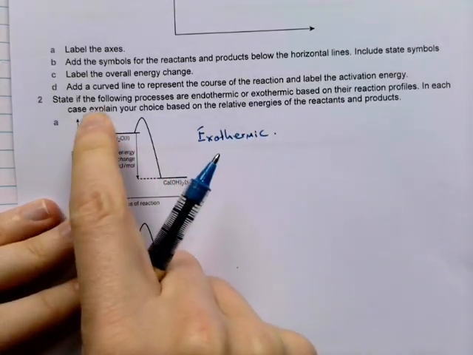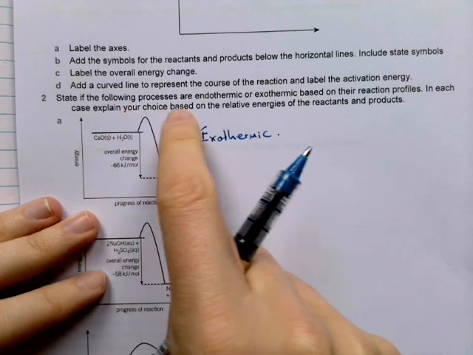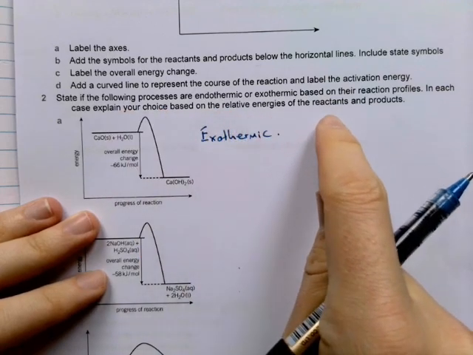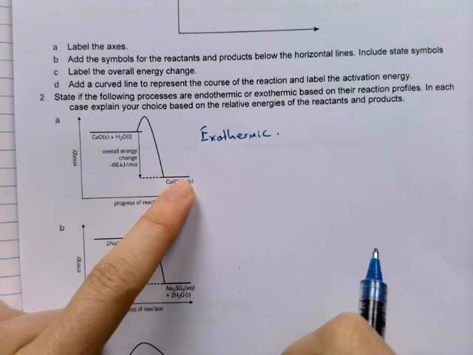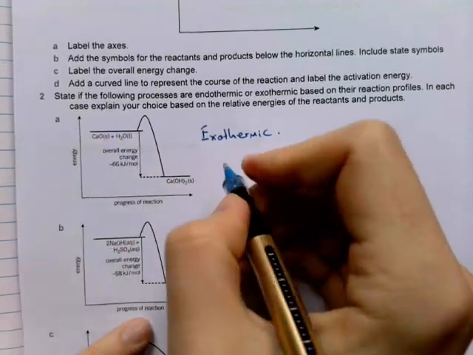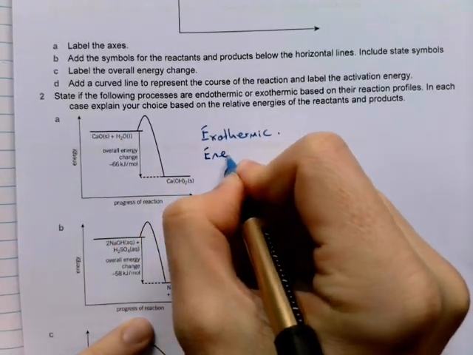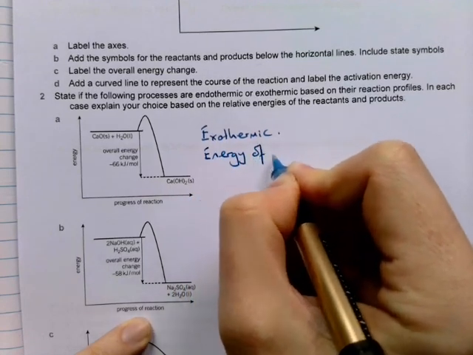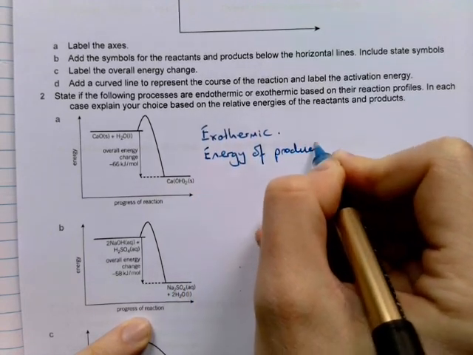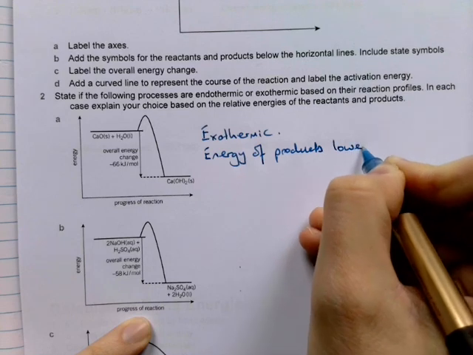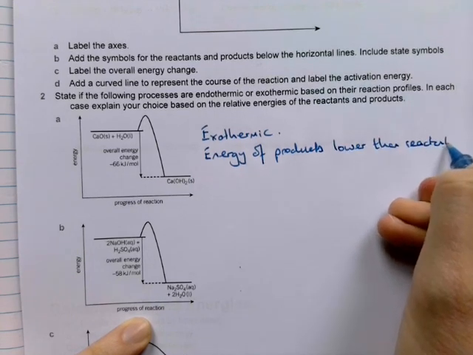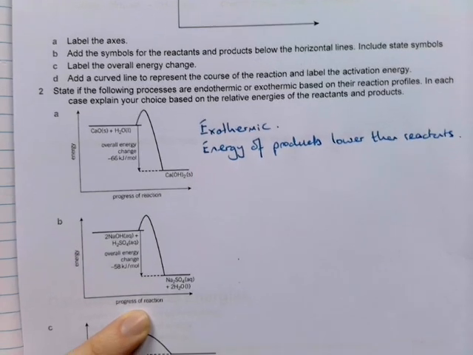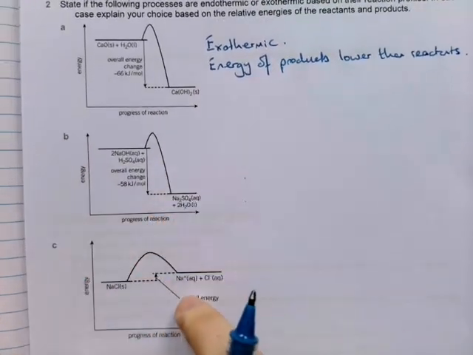And I'm going to explain it based on the relative energies of the reactants and the products by saying that the energy of the products is lower than the energy of the reactants. And it's as easy as that. So I want you to do the same for these two.